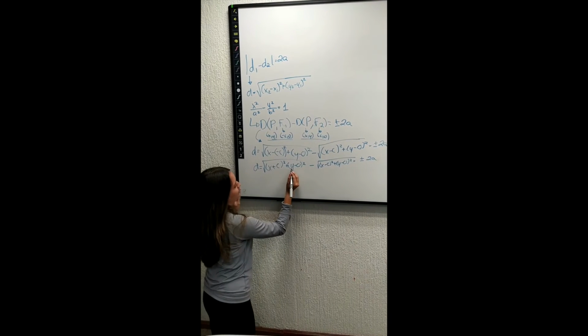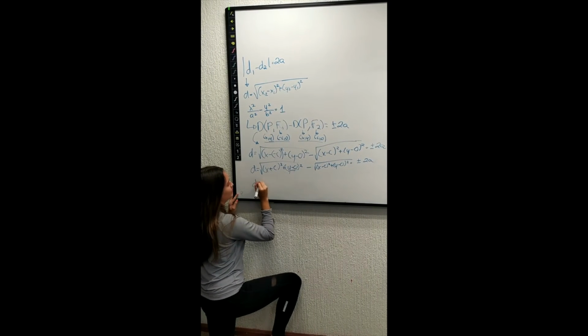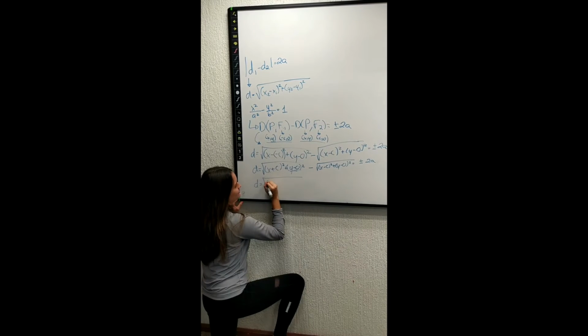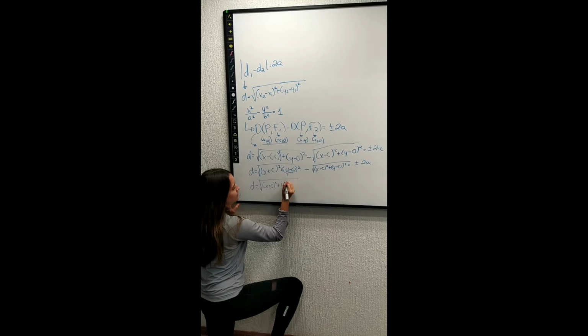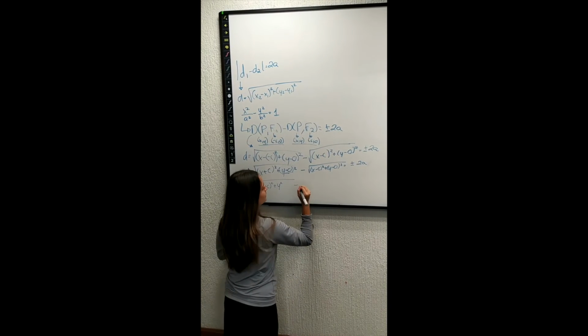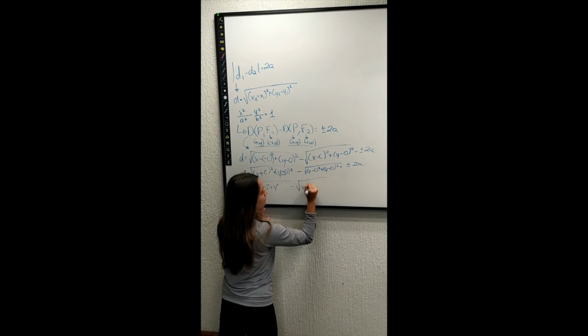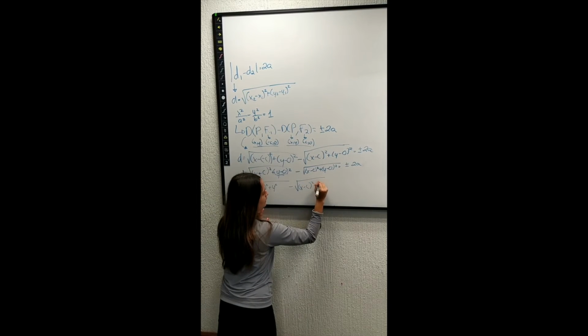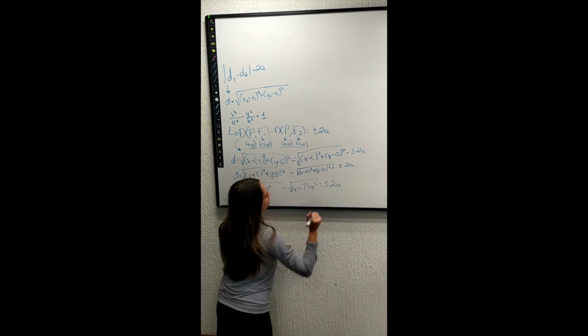Now we simplify this part that says that the distance square root of (x plus c) squared plus y squared minus the square root of (x minus c) squared plus y squared is equal to plus or minus 2a.